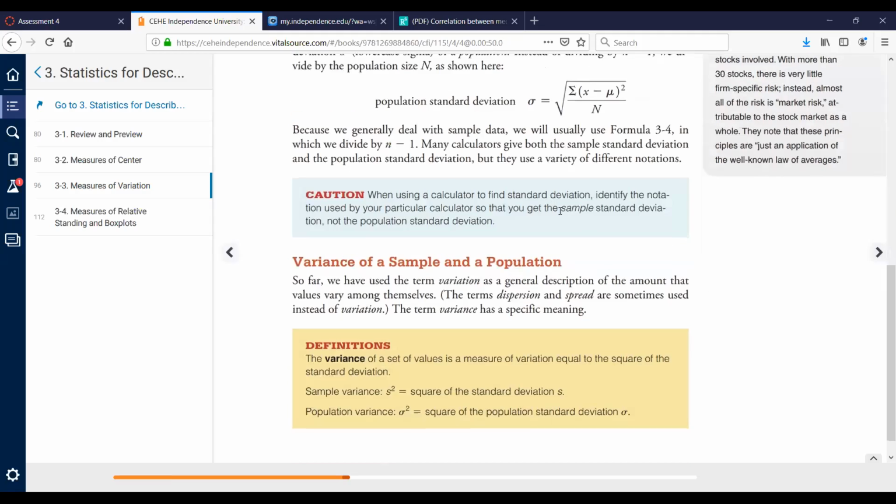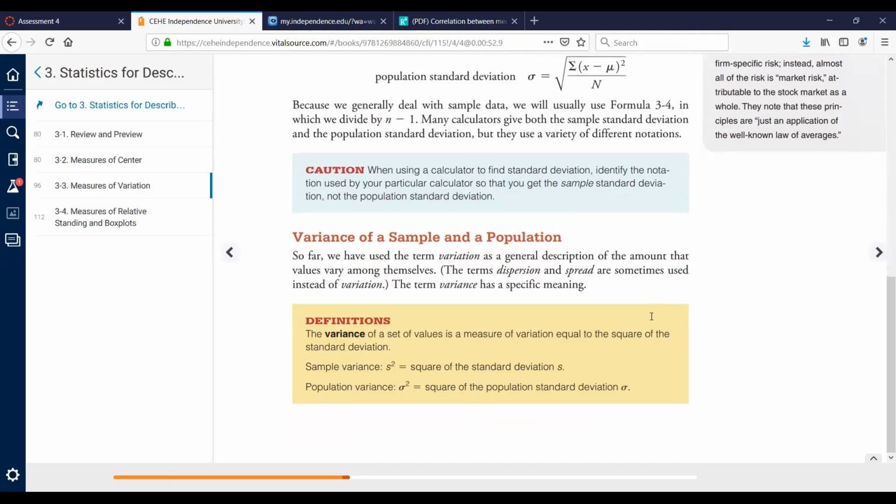The variance is equal to the square of the standard deviation. In other words, what we get before we take the square root. And it is basically a good general description of the amount that the data vary within the sample that we're dealing with.